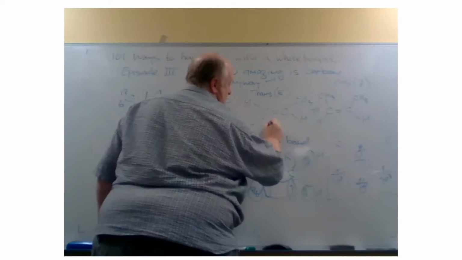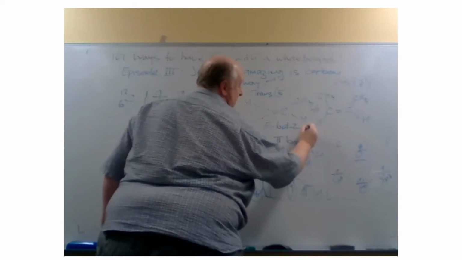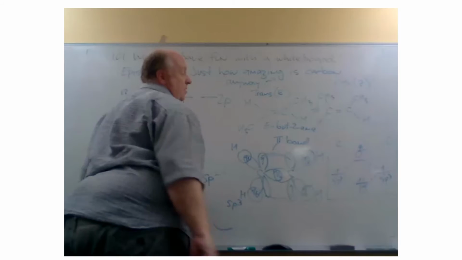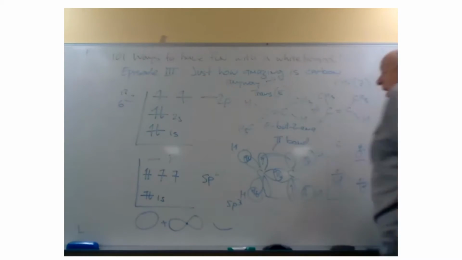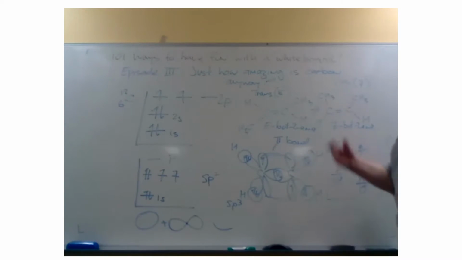We have to call it E-but-2-ene, E for trans. And we're going to have to call this Z-but-2-ene, or cis-butene. Okay, so this is another thing predicted by this hybridization model.